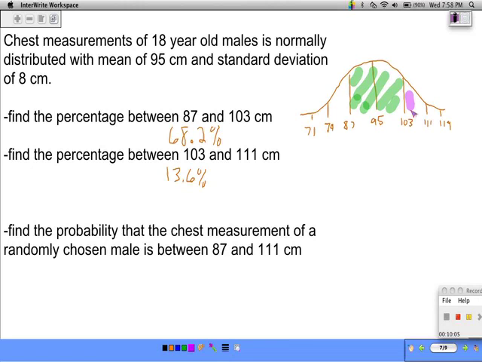That's this purple area. So the probability that a randomly chosen male is between 87 and 111, we can add these two areas together, and what we get is approximately 81.8%. Depending on what table or book you look at, these percents might be slightly different depending on the rounding that was done.